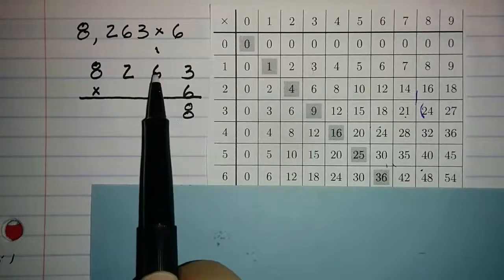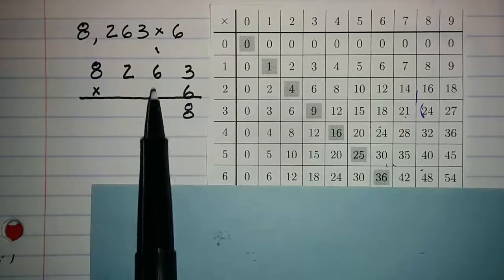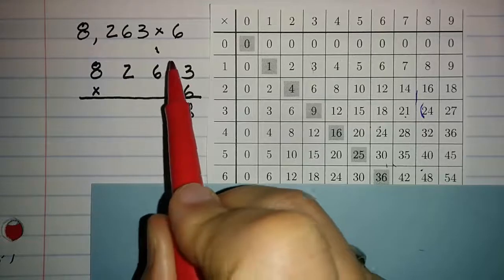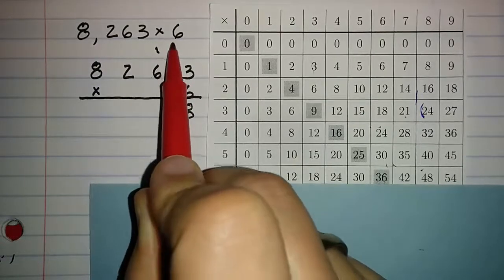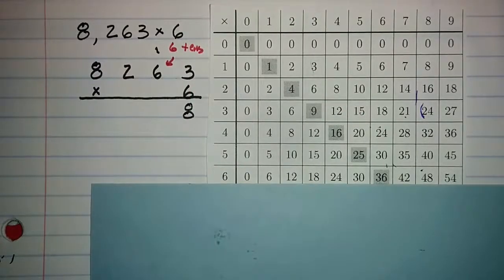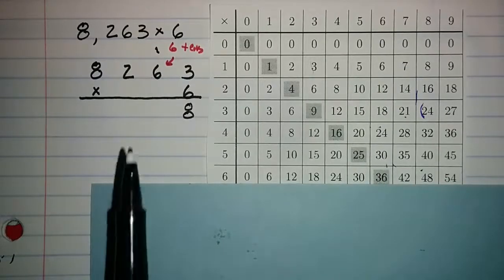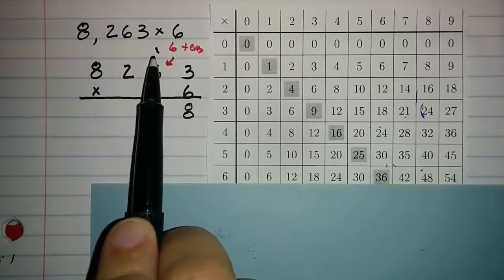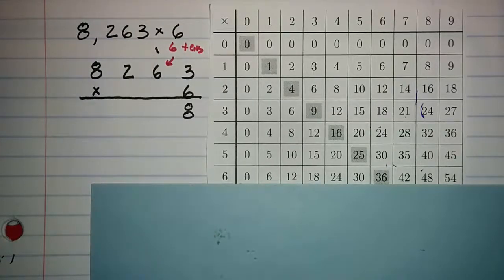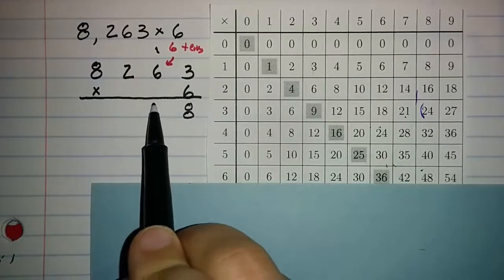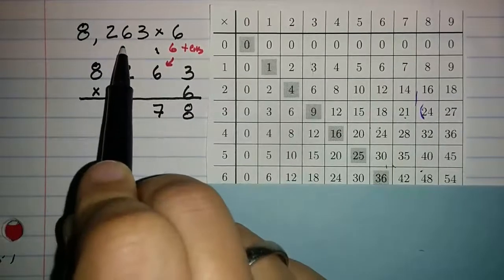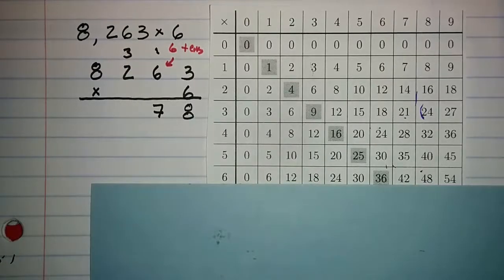Then I have 6 times 6 tens. Right, this 6 doesn't just represent 6. It is 6 tens. So 6 times 6 is 36. That gives me 36 tens, plus the one that I carried for 37 tens. 37 tens, that's 7 tens and 3 hundreds.